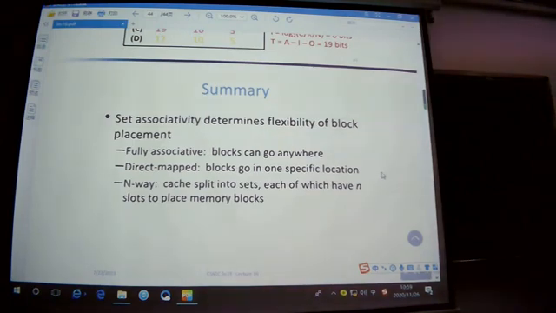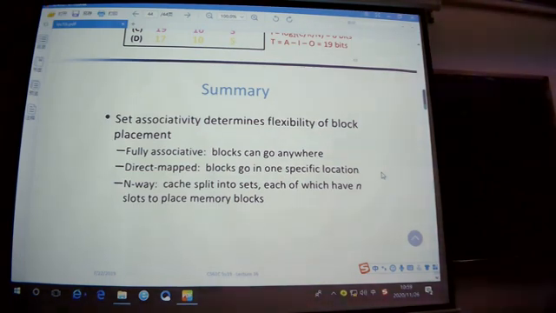Okay, in lecture 16, we discussed that set associativity determines flexibility of block placement. It has fully associative, direct map, and n-way. We learned 3 methods in cache, and these are the 3 methods in cache.